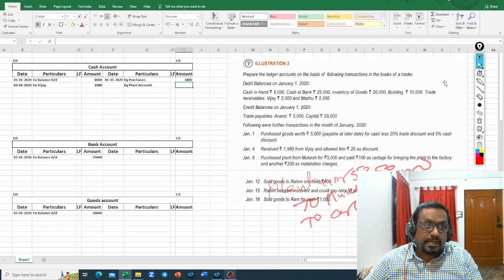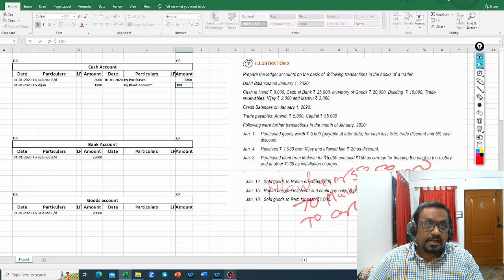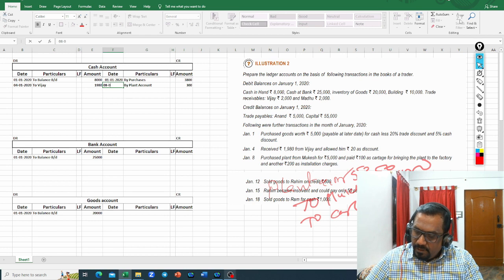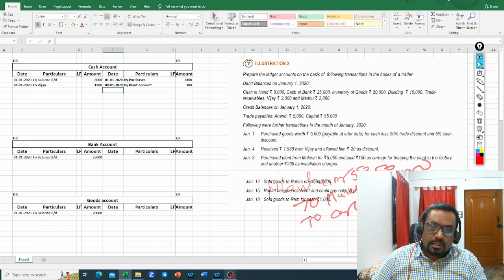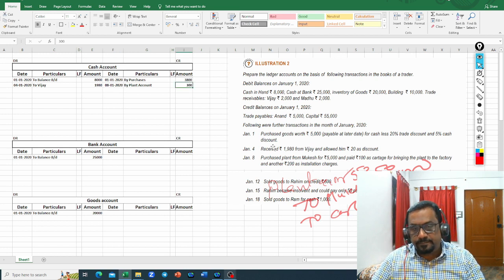I'm supposed to write the amount which is opposite to cash. That is 300. What date? 8th January 2020. Are you clear? Any doubts? Cash account is created, hence I am writing this in cash account. Whatever is left in debit I have to write, that is plant account, and the amount which is opposite to cash has to be mentioned here, 300.